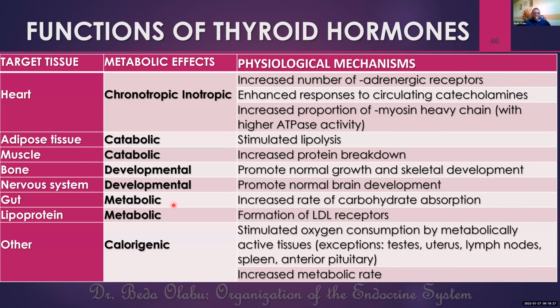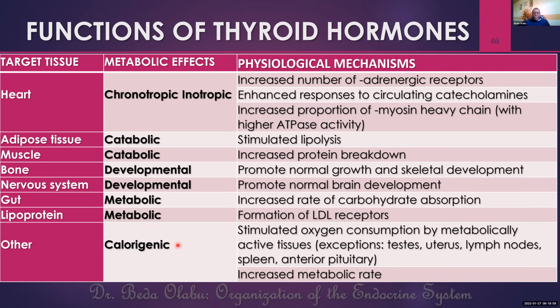In the GIT, thyroid hormones are metabolic, increasing the rate of carbohydrate absorption or carbohydrate utilization. They also promote the formation of low-density lipoprotein receptors. And there are many other effects of thyroid hormones in other tissues, but generally they are calorigenic, which means they develop more calories.